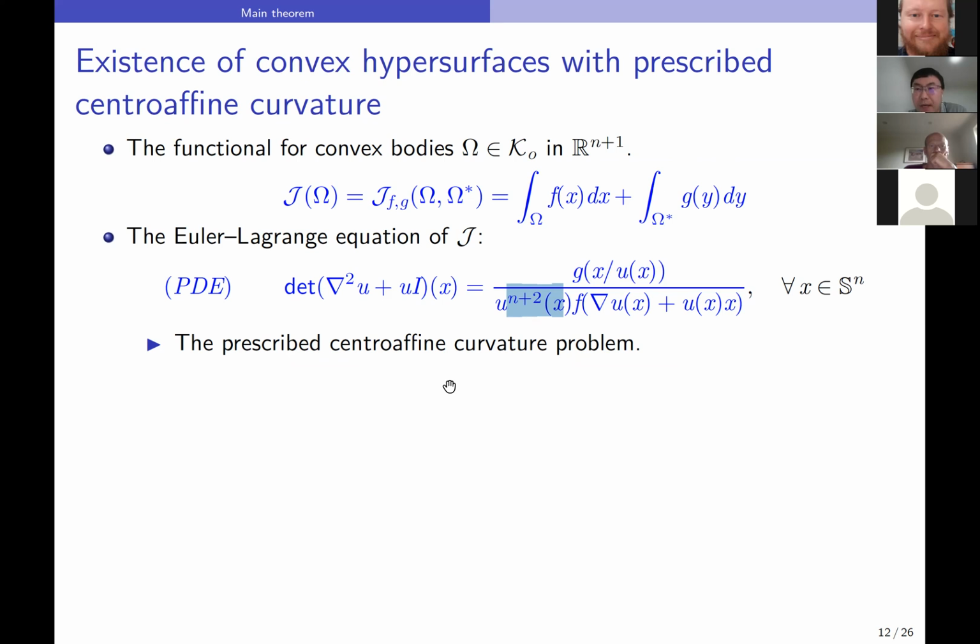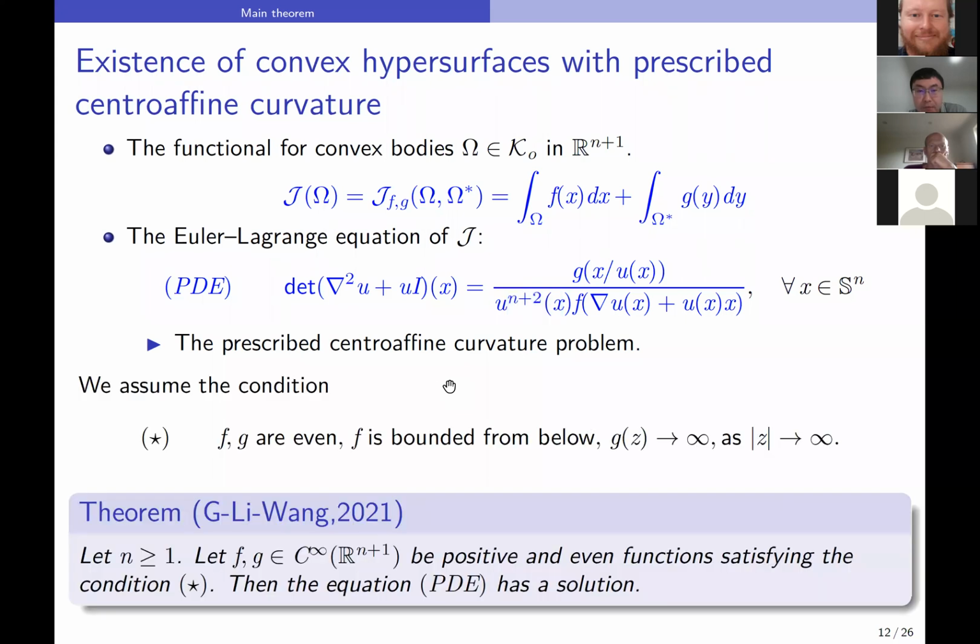In order to find solutions to this equation, we consider the following condition. We assume f and g are even functions, and also f is bounded from below, and g of z goes to infinity when z goes to infinity. Why do we assume this condition?